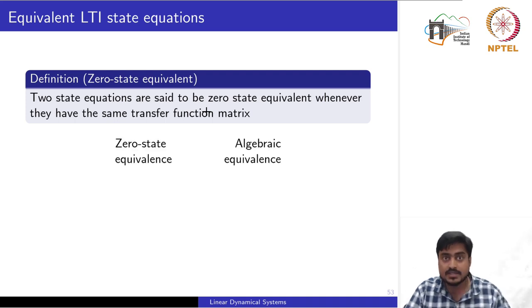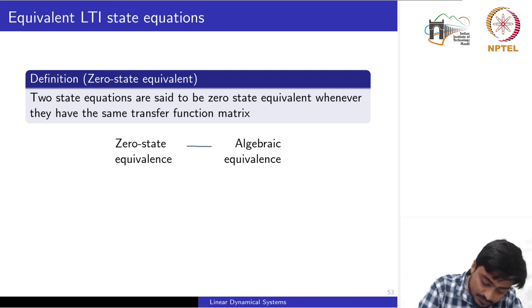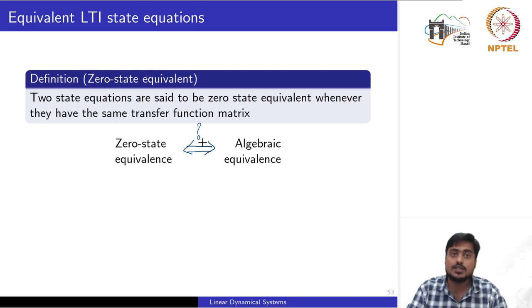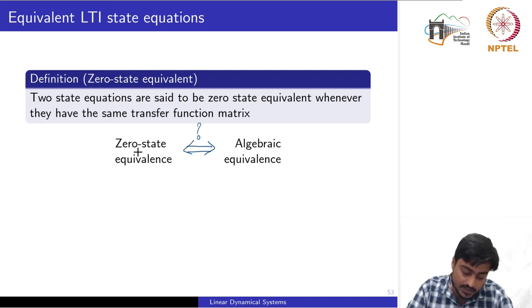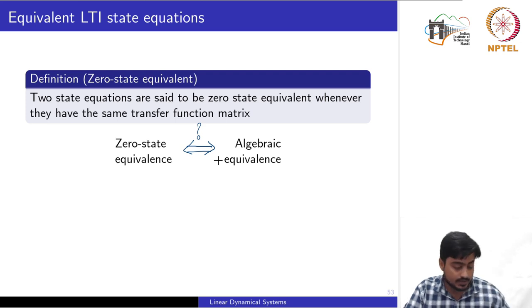So the natural question arises, is there any relationship between zero state equivalence and algebraic equivalence? Meaning, whether zero state equivalence implies algebraic equivalence, or algebraic equivalence implies zero state equivalence, or they are both equivalent.